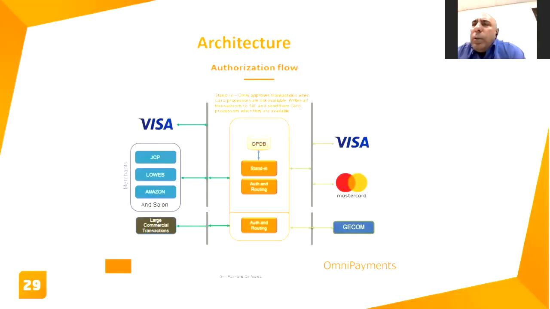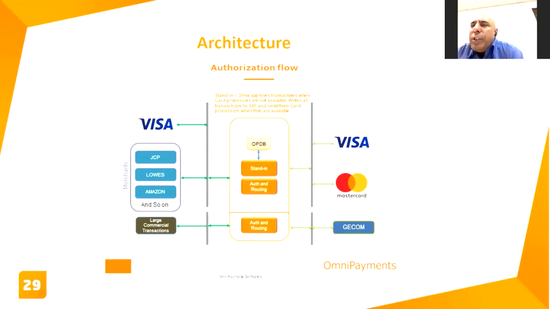So the architecture for the authorization flow, as we've described earlier: the transaction comes in through the merchants such as JCPenney, Lowe's, Amazon. It goes into the OmniPayment switch.